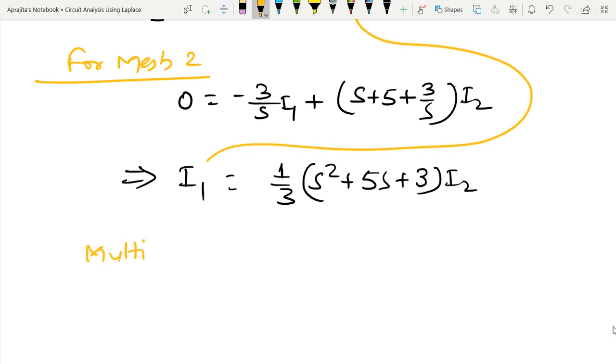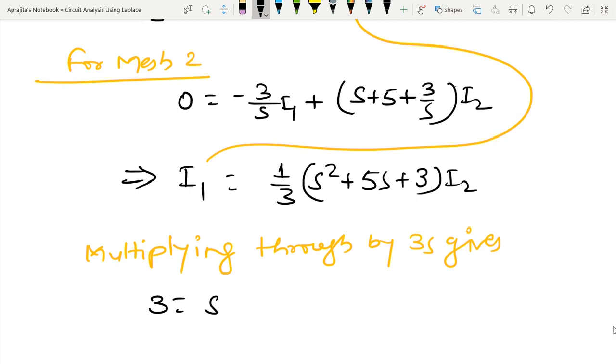Now I am going to write the next step, multiplying through. After substituting I am going to multiply by 3s, and if you do so, we get this kind of expression: s cubed plus 8s squared plus 18s multiplied by I2.